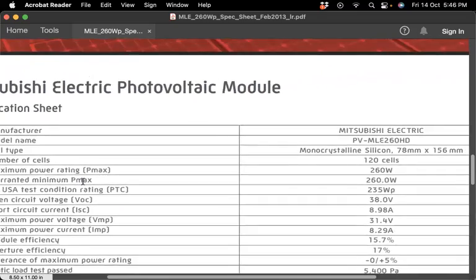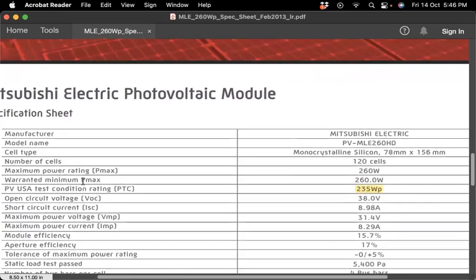Of course, as a first row, the data sheet shows the manufacturer name and the model name, which is not of interest to us. And then let's go to the third row. I think you can already see my mouse here.